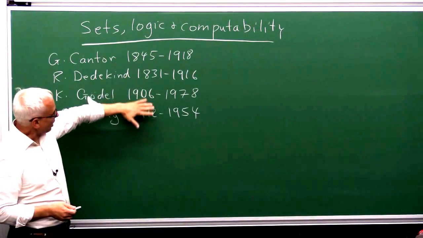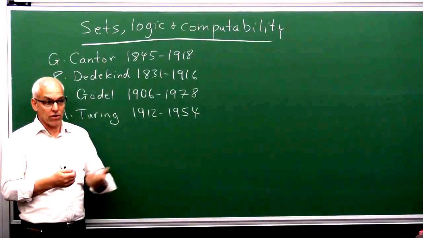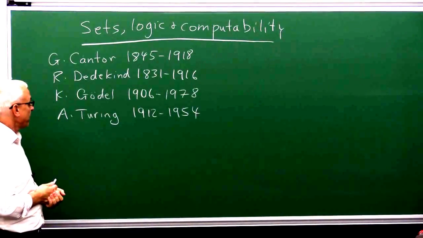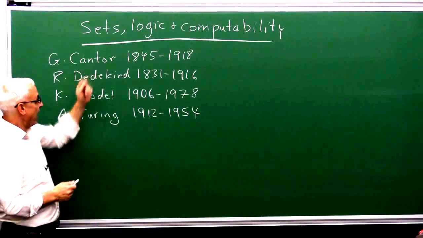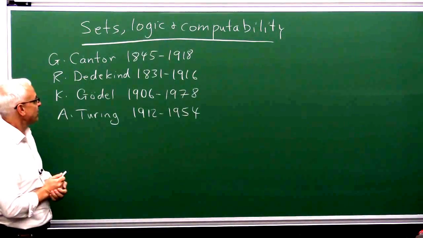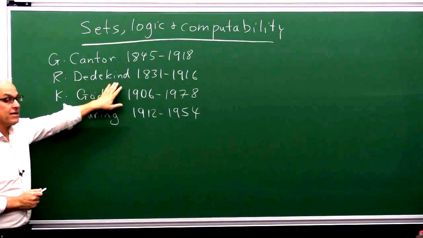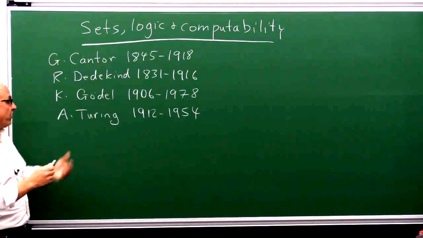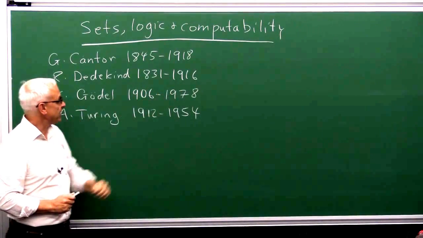And the time that we're talking about is the latter half of the 19th century into the earlier part of the 20th century. And some of the key figures that we're going to be talking about are Georg Cantor, who was the introducer of set theory, who lived from 1845 to 1918. Richard Dedekind, who was responsible for one of the prime theories of real numbers, from 1831 to 1916.